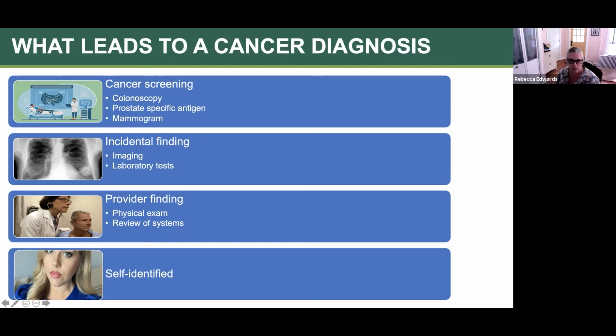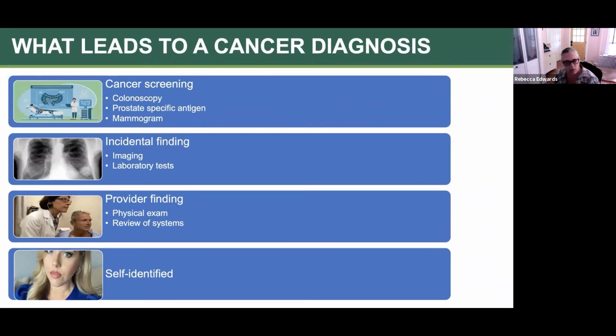Also can be incidentally found on blood work or lab tests, such as finding elevated liver function tests, or certain enzyme markers, or certainly hematologic findings for leukemias and that type of cancer. So these can be found incidentally just on blood work that would be drawn and analyzed for routine primary care purposes. Providers can certainly find cancers on physical exam, or even based on a review of systems.